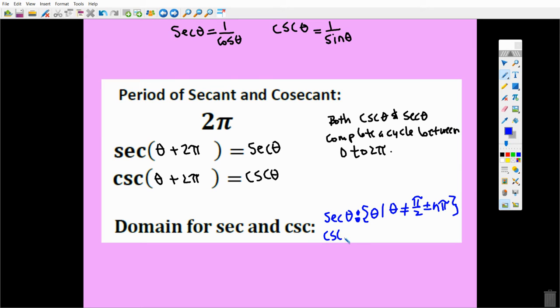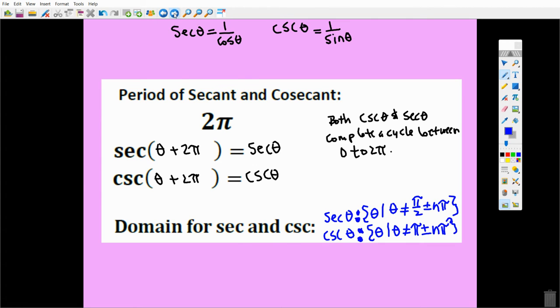And for cosecant theta, we say that its domain is theta such that theta cannot equal pi, because it's undefined at pi, and any multiple of pi. So 2 pi, 3 pi, 4 pi, etc. And also negative pi, negative 2 pi, negative 3 pi. You'll see that there's a dashed line that we're going to draw that says, hey, this is undefined. You cannot cross this path. All right, so with that, let's go ahead and jump to graphing.